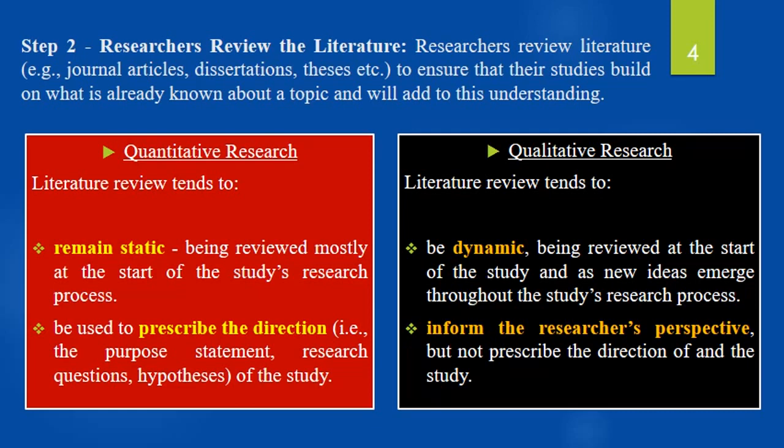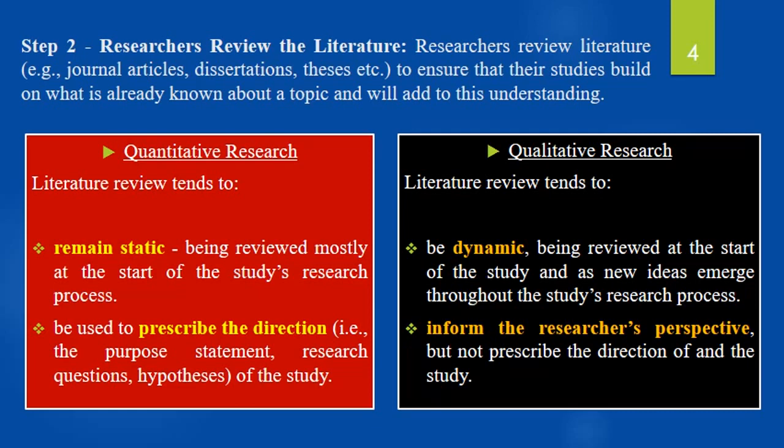You find information about a study's literature review as part of the introduction section or in its own standalone introductory section of a research report. Now, in quantitative research, we typically find that the researchers include a substantial literature review that they examined early in the research process.